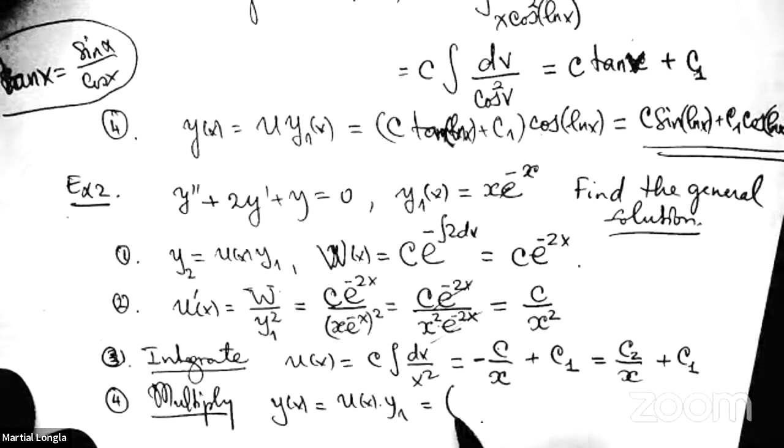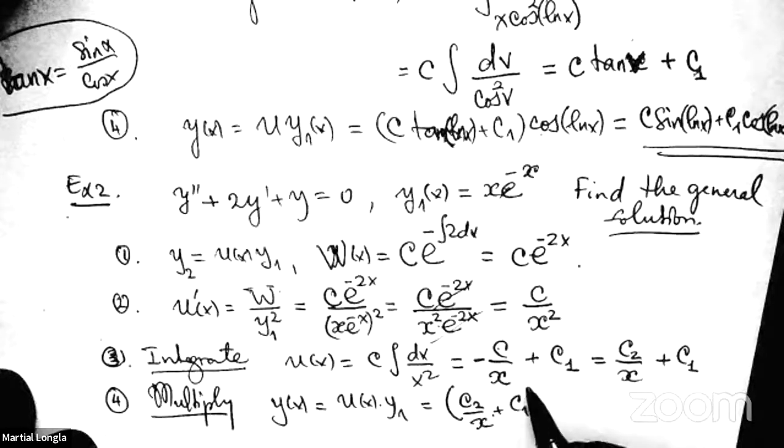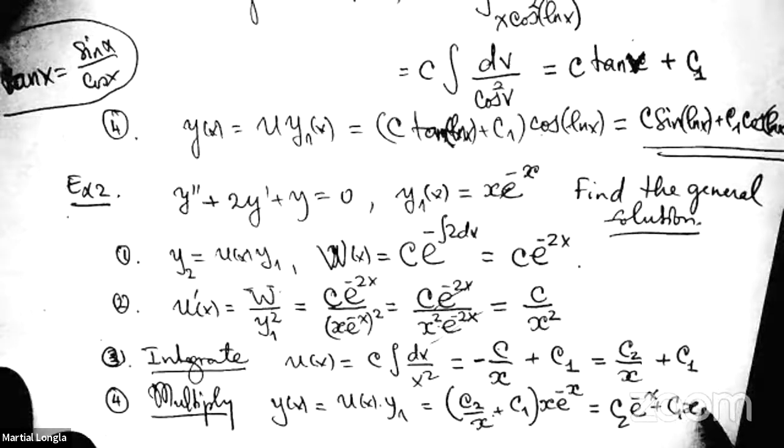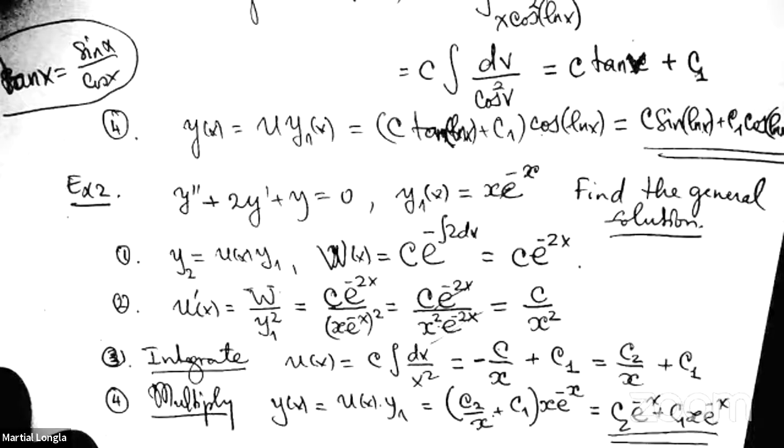And this is c2 over x plus c1 times x e to the minus x. And then you multiply this out, you get c2 e to negative x plus c1 x e to negative x. That's it. So that's the general solution.